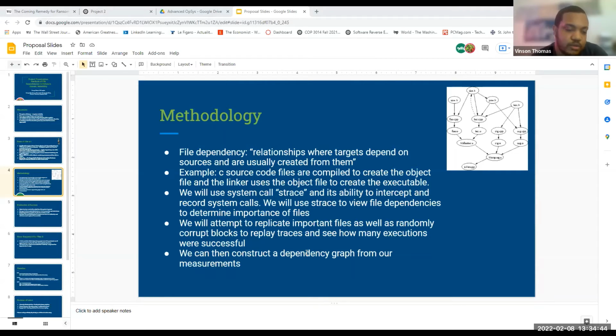And then we will use strace and its ability to intercept and record system calls, and we will use strace to view file dependencies to determine the importance of files. We will also attempt to replicate important files as well as randomly corrupt blocks to replay traces and see how many executions were successful. And from there, we can construct a dependency graph from our measurements.